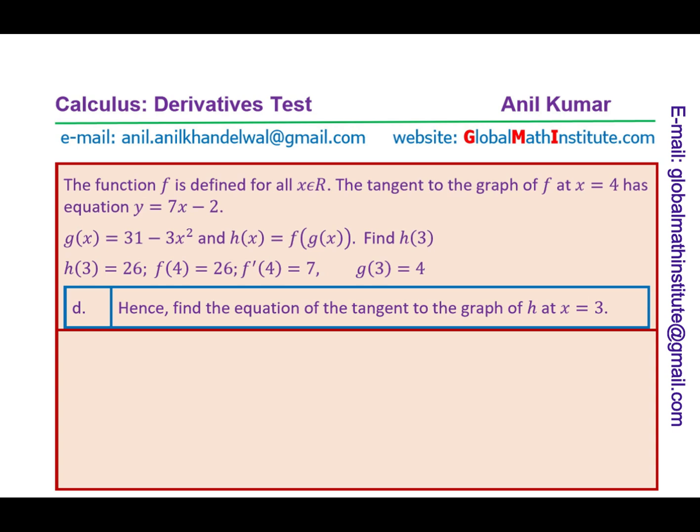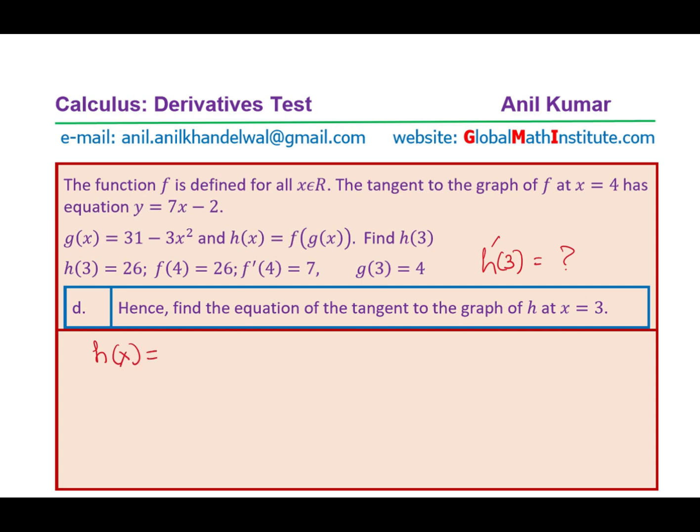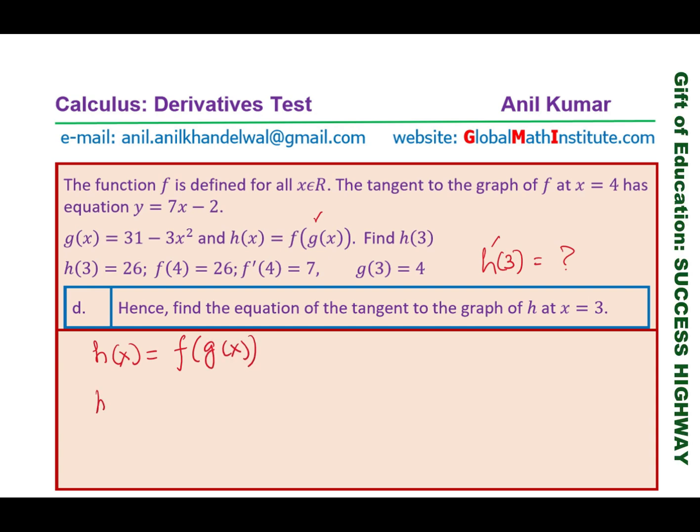Right? So what we need to find now is the derivative at 3. How will you do this? Well, we know that h of x is basically a composite function written as f of g of x, correct? So its derivative should be what? We'll apply the chain rule to find the derivative.